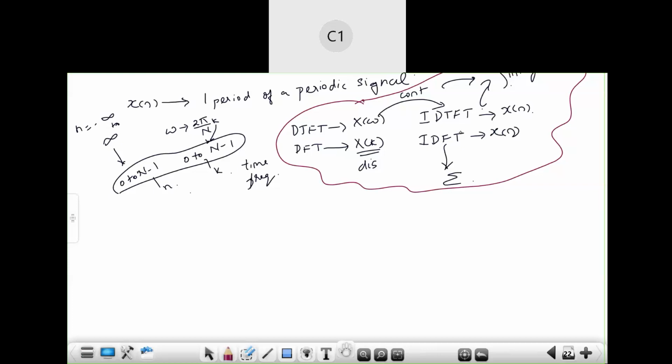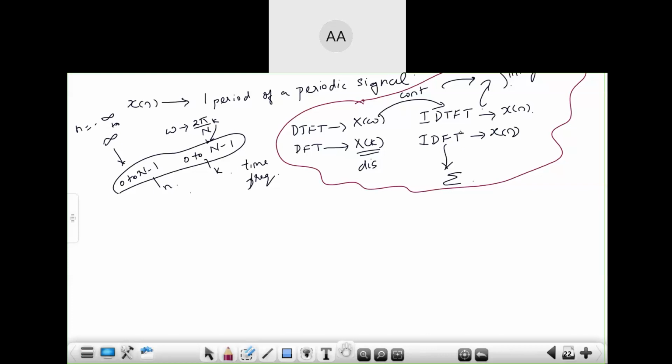Present, ma'am. 22. Present, ma'am. 23. Present, ma'am. 28.